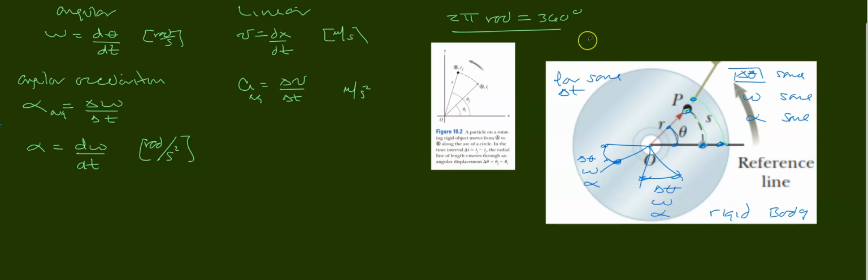What this is telling us is that these three quantities, angular displacement, angular velocity, and angular acceleration, are the same for every particle in a rigid body.